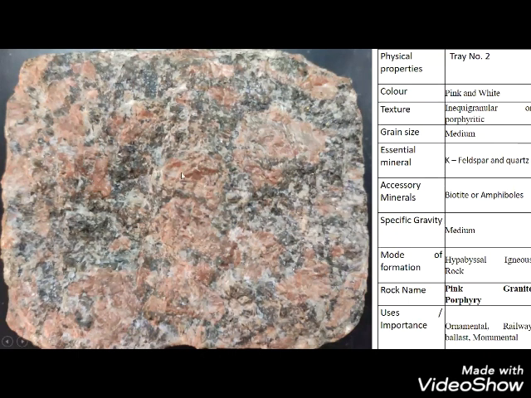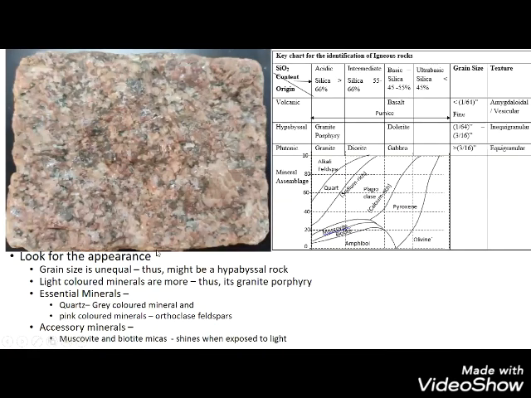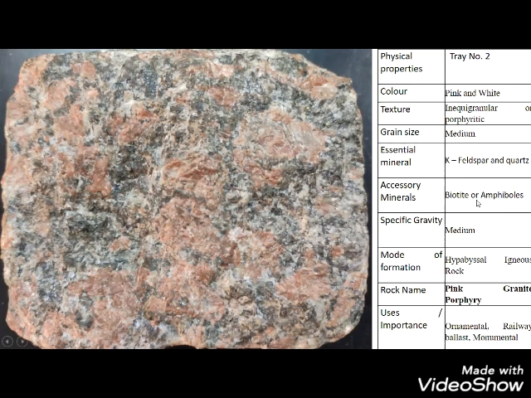Essential minerals, you have identified this as potassium feldspars, and some amount of quartz is also present. Accessory minerals, if you look into the chart, are biotite, muscovite and amphiboles. Whatever you remember, you have to write it over here. Specific gravity, as I said, the darker the minerals, the higher the weight of the sample.